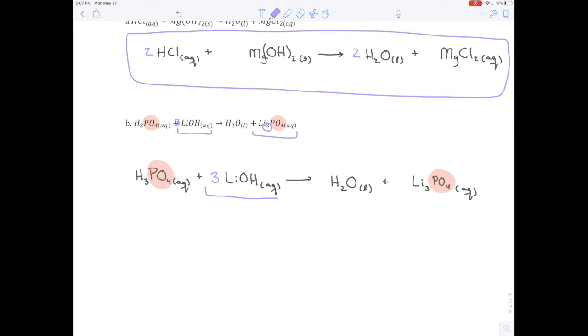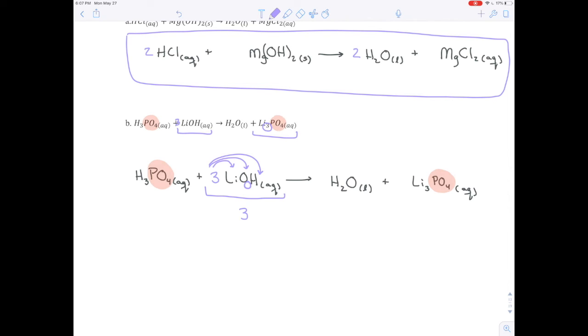So outside of phosphate, oxygen is only in this other compound. How many oxygens do we have there? Remember to distribute the 3. The 3 goes to the lithium, to the oxygen, and to the hydrogen. That means that we have 3 times however many oxygens are in the compound. And there's only 1 if you look at the bottom right. So that's a total of 3 oxygens on the left.